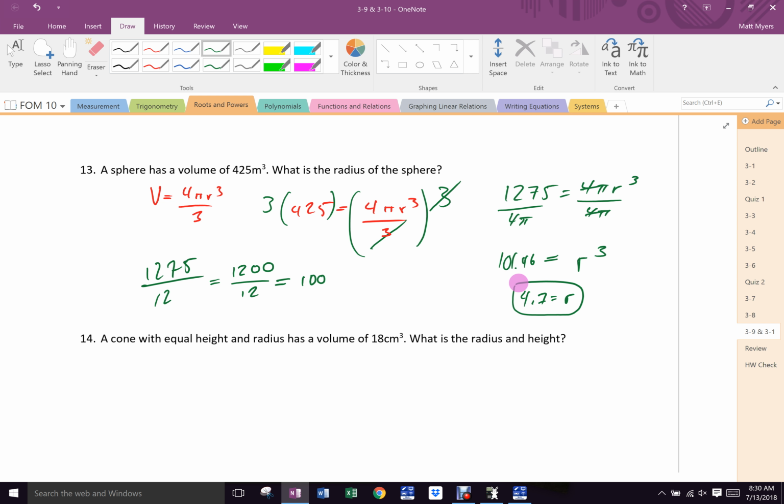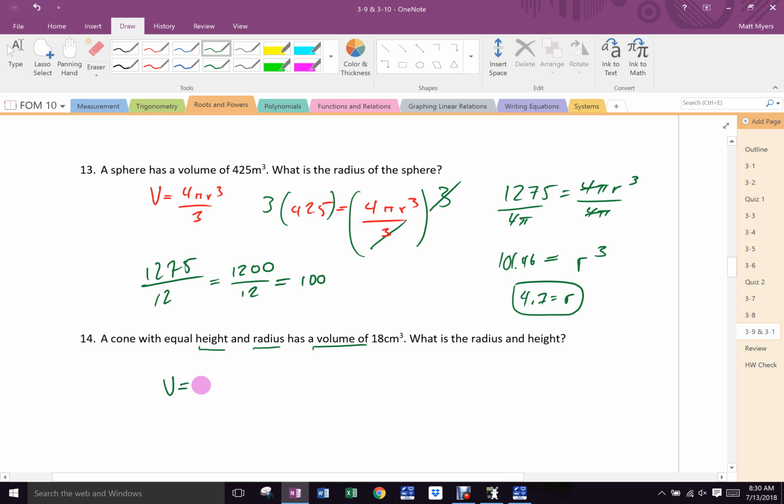I'm testing you on algebra, really, aren't I? And how to get rid of a cube. That's radicals. Right?